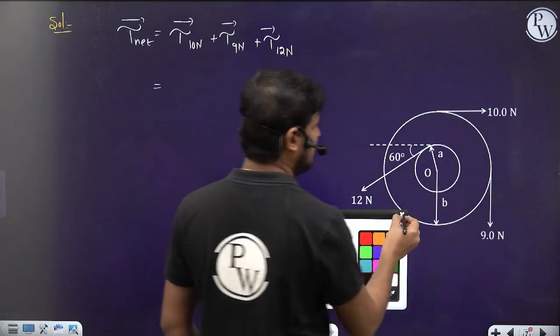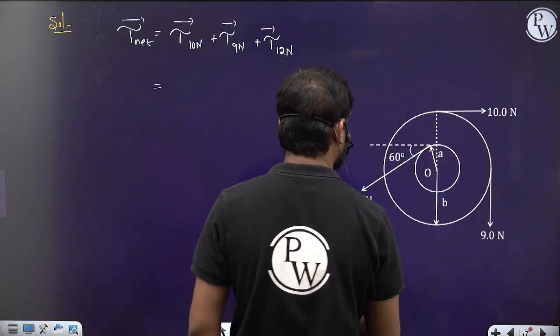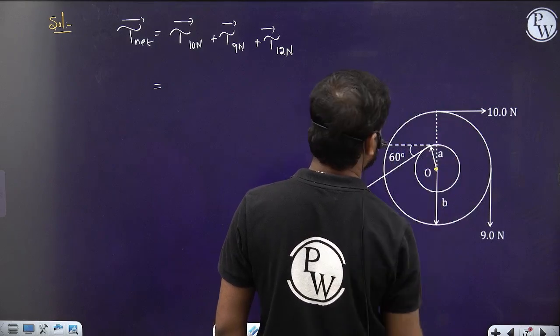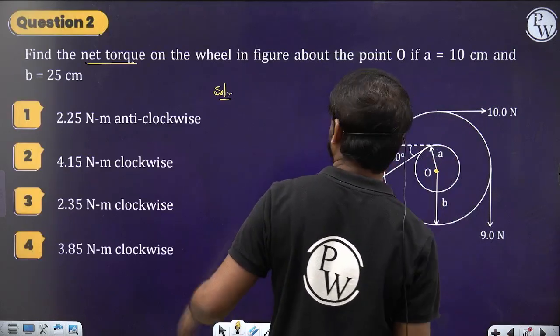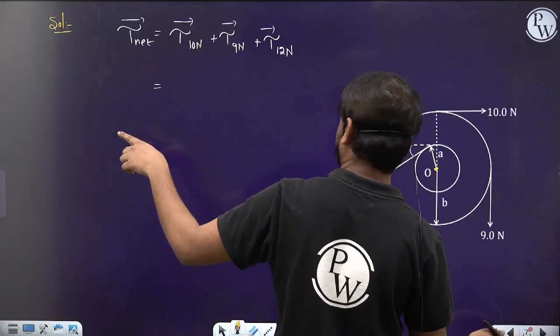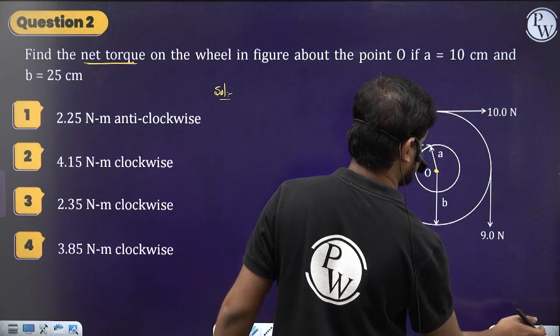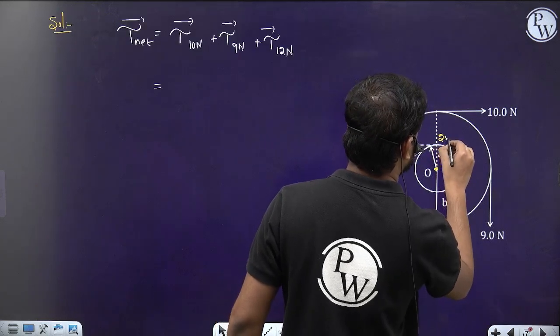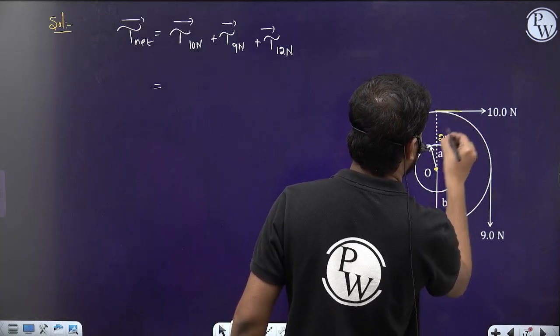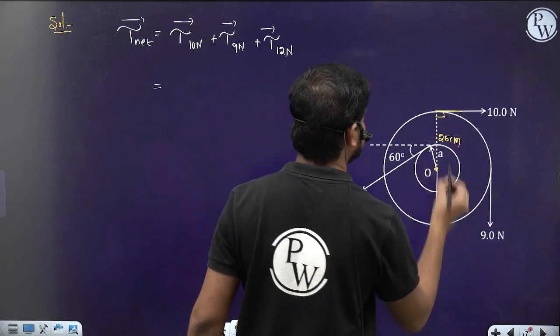The distance from the center to the outer circle, from here to here, is 25 centimeters, right? So it's radius B, which is 25 centimeters. The force is this side and the distance is this side, so it is already the perpendicular distance, or you can take this angle as 90 degrees.